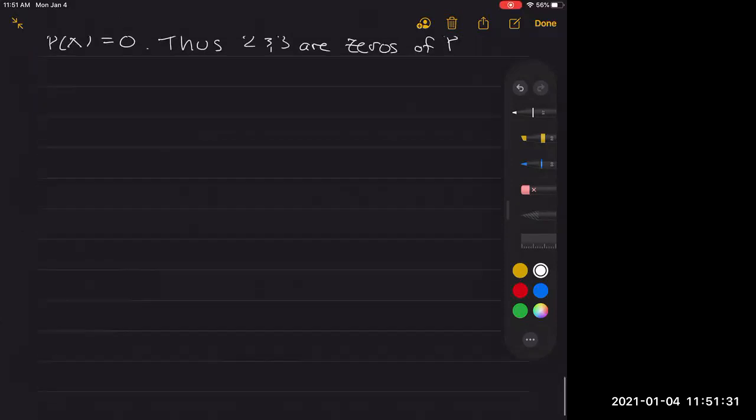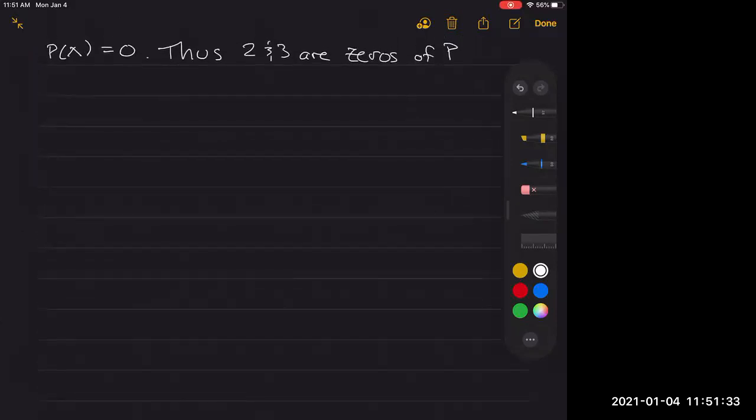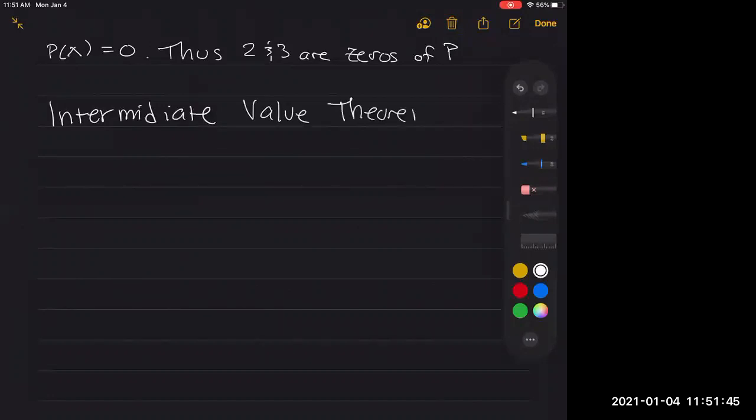All right. So then we have an important result for this section. It's the intermediate value theorem. All right, I'm going to state the full theorem, and then I'm going to sketch an idea that will be probably more helpful than the actual theorem.